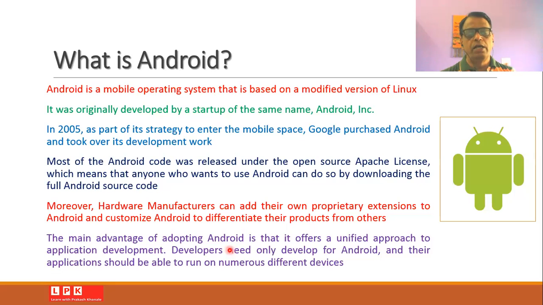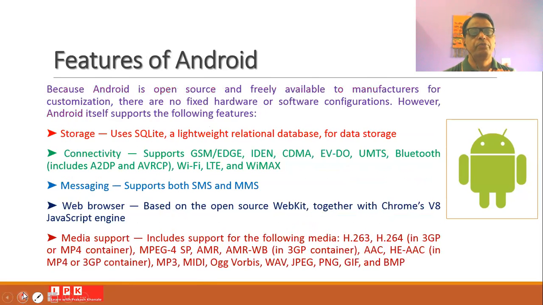The main advantage of adopting Android is that it offers a unified approach to application development. Developers need only develop for Android and their application should be able to run on numerous different devices. This is the major advantage of using Android, and that is the reason it is a very popular OS.